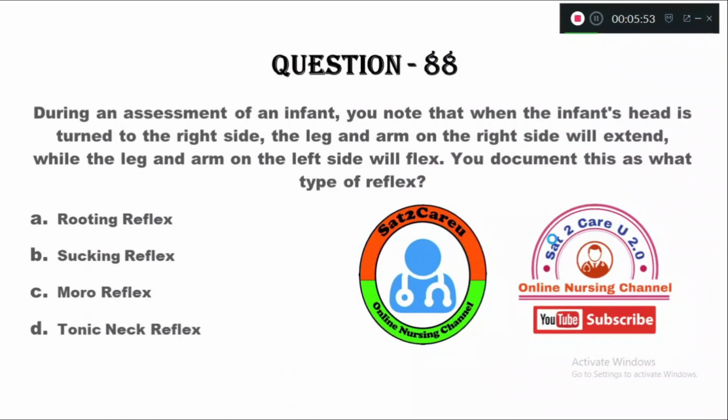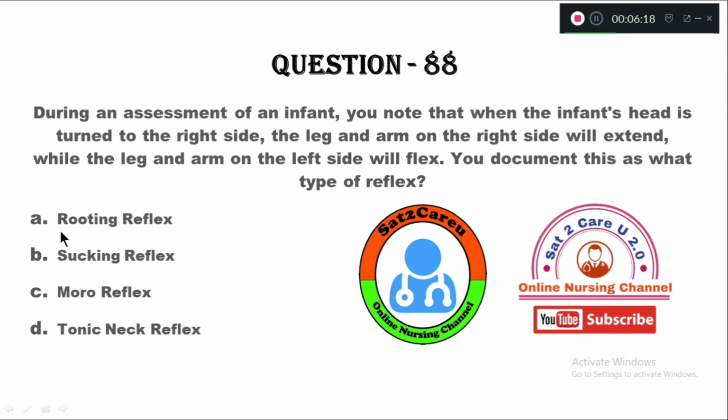Question number 88. During an assessment of an infant, you note that when the infant's head is turned to the right side, the leg and arm on the right side extend, while the leg and arm on the left side flex. You document this as what reflex?